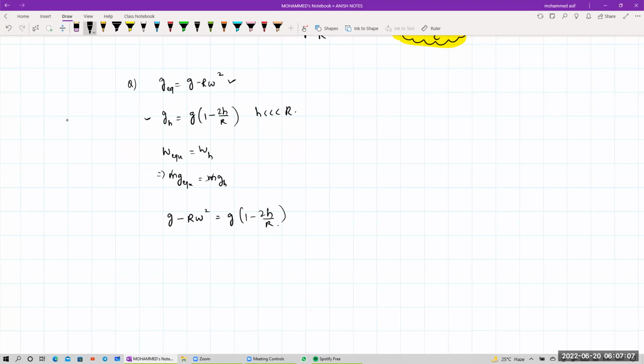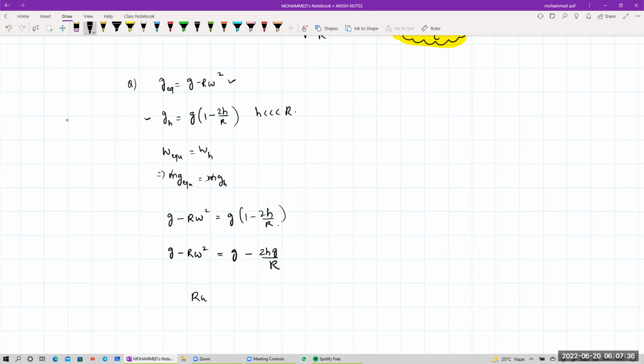Simplify, check. g minus R into omega square is equal to g minus 2h into g divided by R. So what can I write from this?